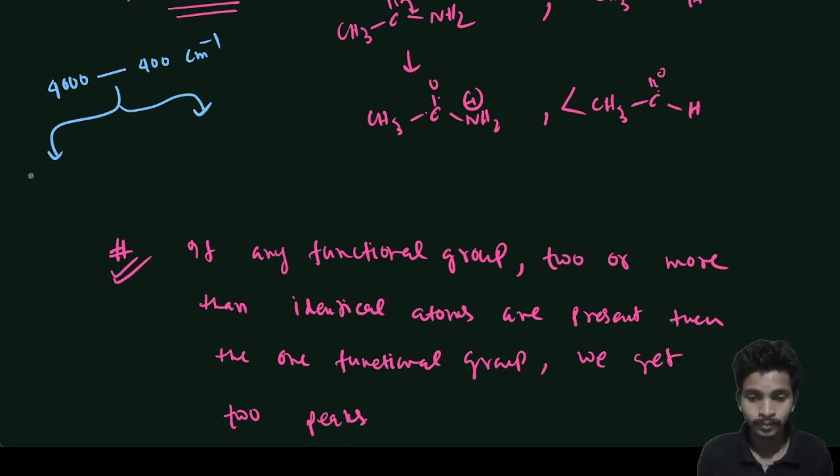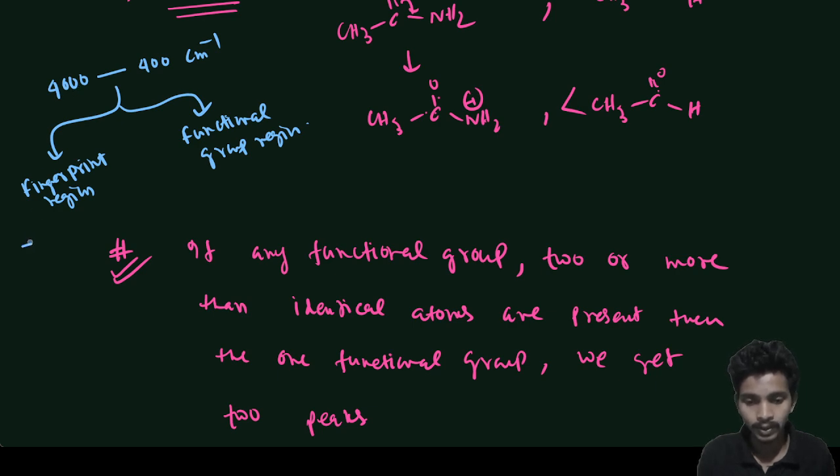One is the fingerprint region and one is the functional group region. The fingerprint region range is from 400 to 1500 centimeter inverse, and for the functional group region, the range is 1500 to 4000 centimeter inverse.